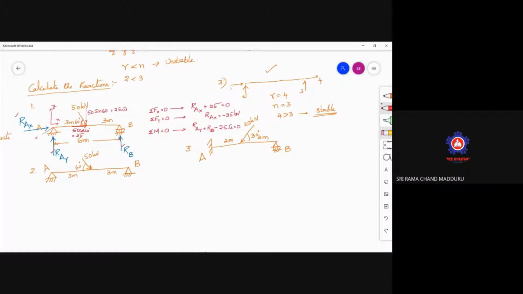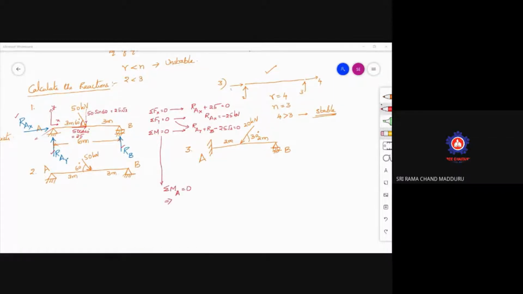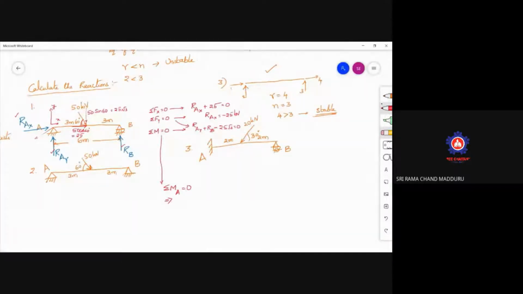Now the third equation, this is the second one, the third equation I am writing here. Sigma M about any point is equal to 0. Here clockwise will be considered as positive, anti-clockwise will be considered as negative. So minus RB times 6 plus, you have replaced your 50 kilonewtons into vertical and horizontal components, so 50 sin 60, that is 25 root 3, into 3 is equal to 0.